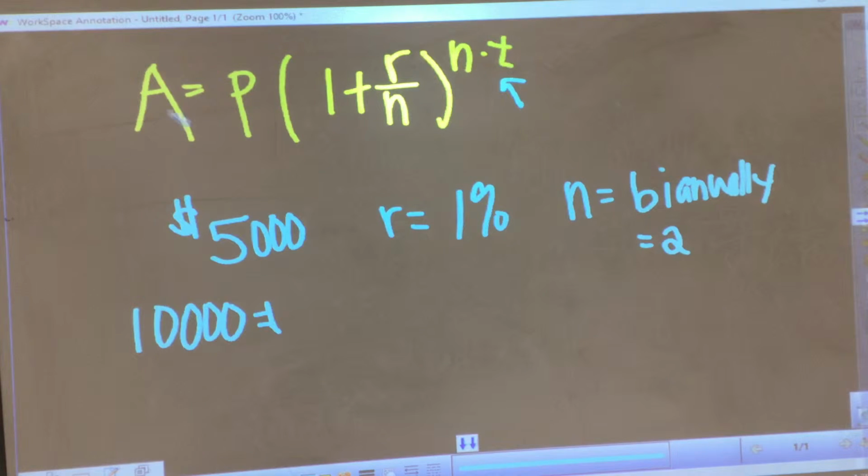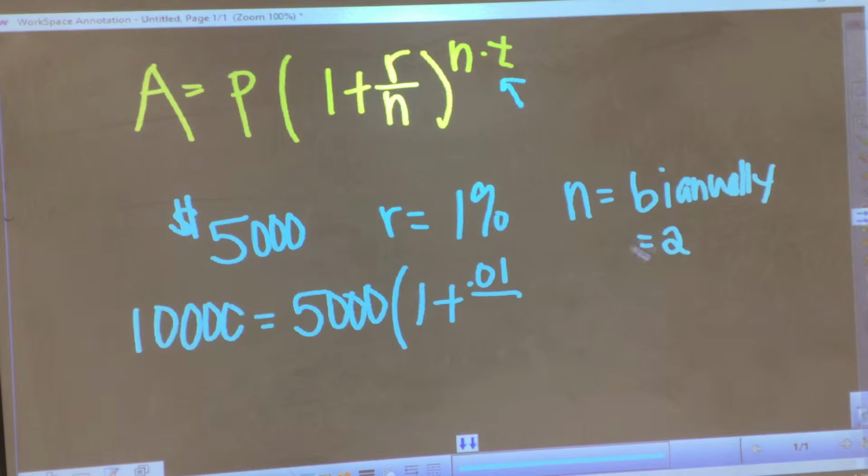So we're just going to plug in everything we know. Our amount is 10,000. Our P, our starting amount, is 5,000. Our rate is 1%, 0.01. n is 2, 2 to the t. So how long will it take us, if we start with 5,000, to get to 10,000? Okay, so we're just going to start off, figure out what this is in the calculator.